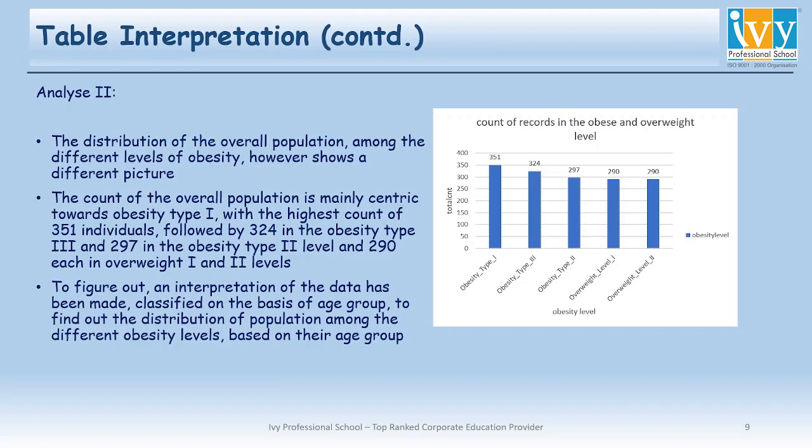So the maximum number of records are suffering from the obesity type 1 category, followed by type 3.